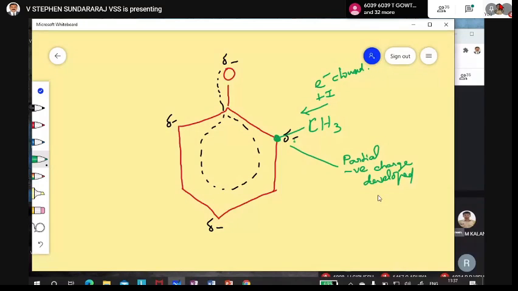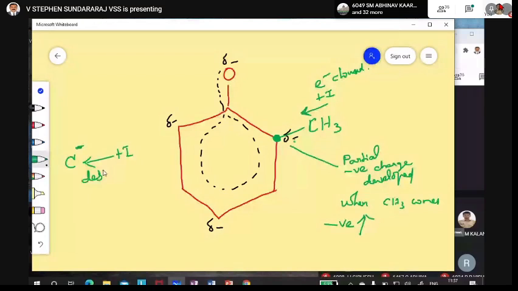The negative charge increases because it is already electron rich, and this is also an electron releasing group. I already told you that for a carbanion, an electron releasing group will destabilize. It becomes more negative. The more the charge, the less the stability. So the stability of phenoxide ion decreases.